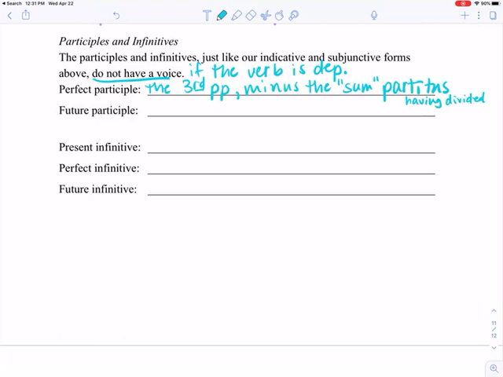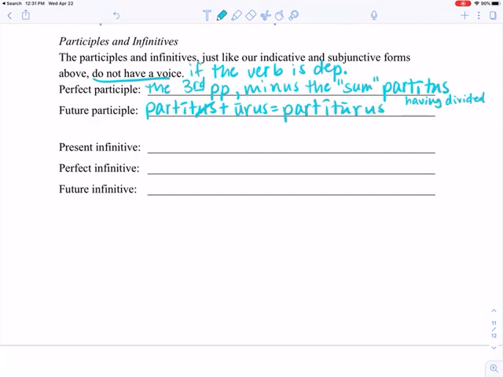Our future participle, we're going to take partitus, we're going to drop the us, and we're going to add urus. So it then is parturus.